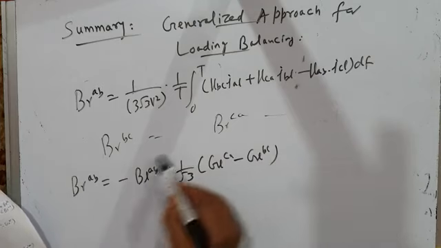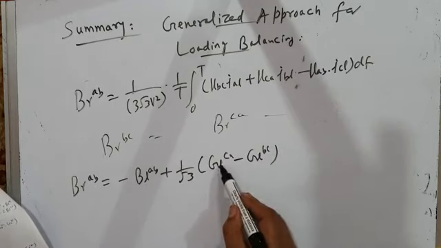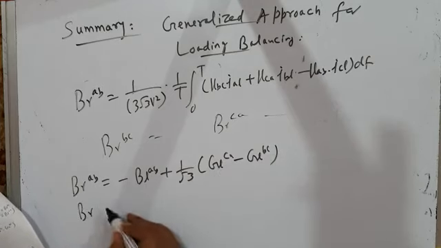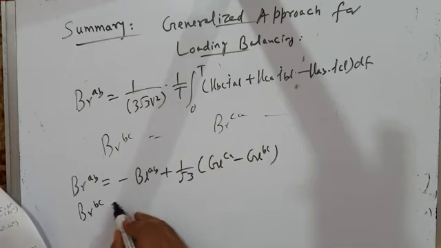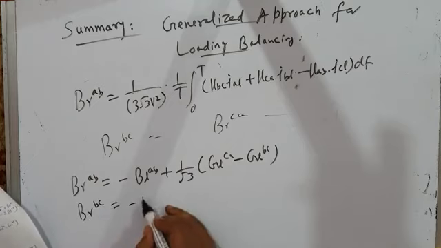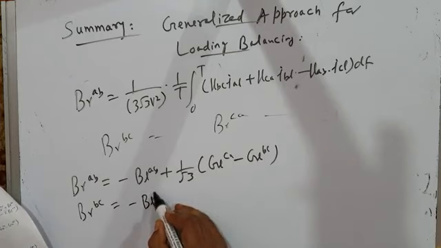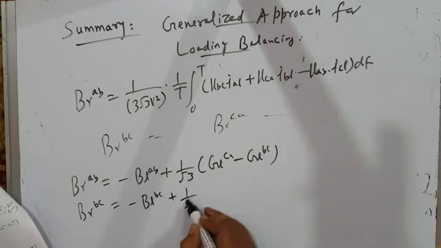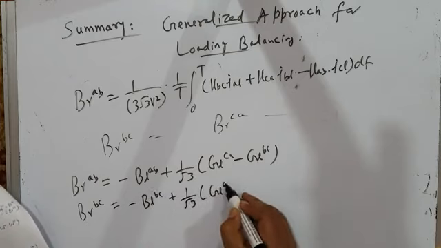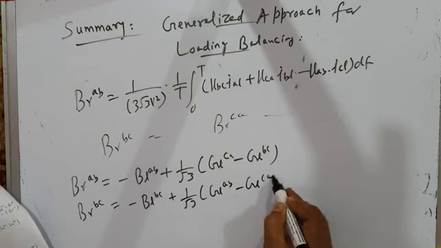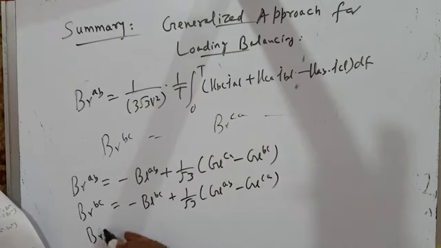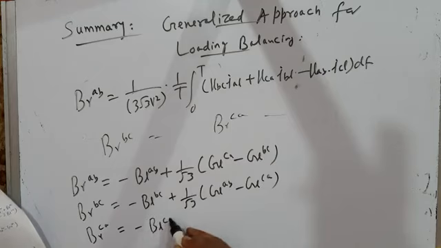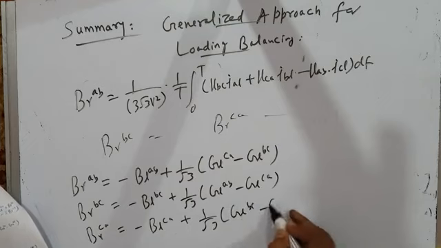These are all load parameters. L stands for load. Compensator branch BC susceptance was found as minus BL BC plus 1 by root 3 times GLAB minus GLCA, and compensator branch CA susceptance was found as minus BLCA plus 1 by root 3 times GLBC minus GLAB.